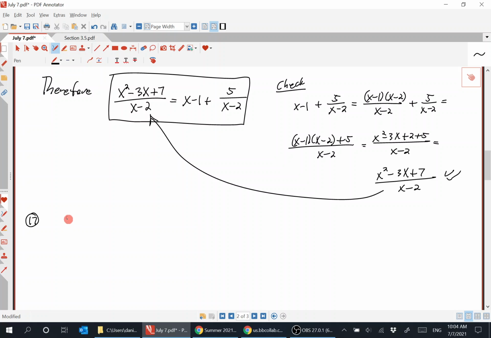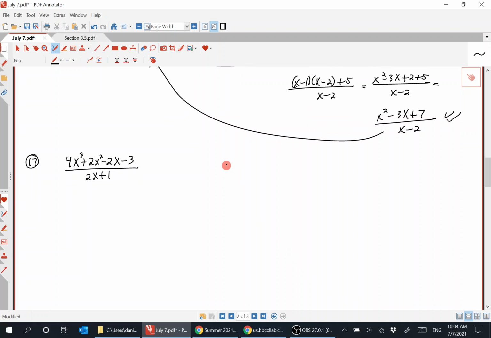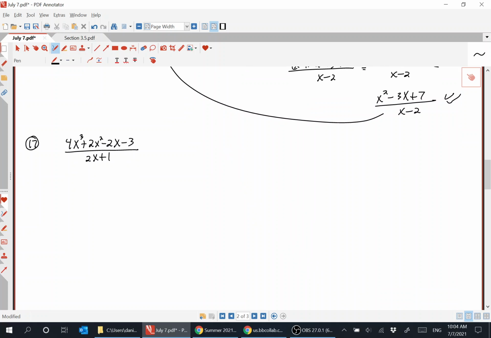So same directions. 4x to the third plus 2x squared minus 2x minus 3 over 2x plus 1. All right? So we want to do this division here.